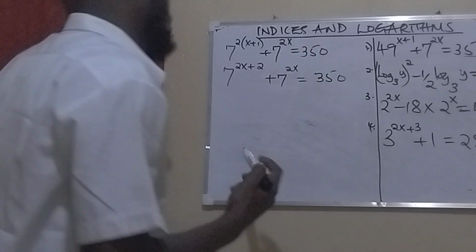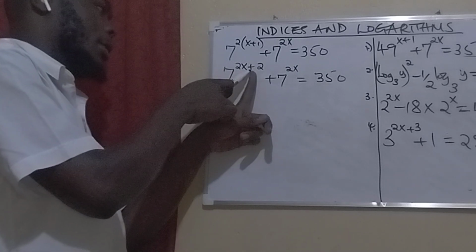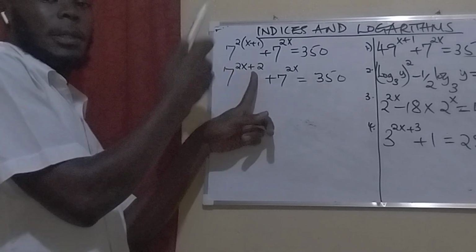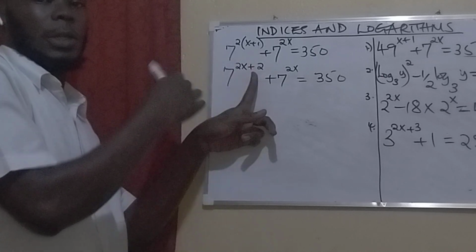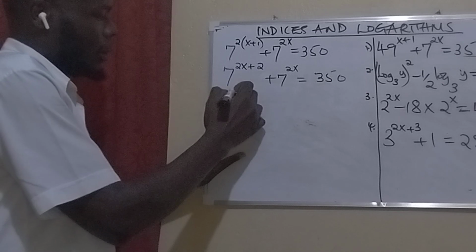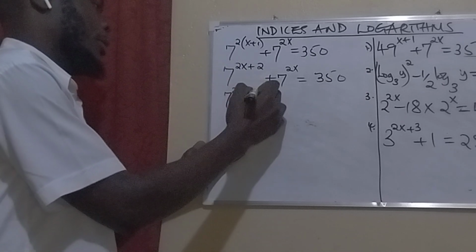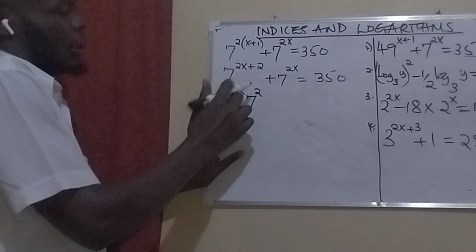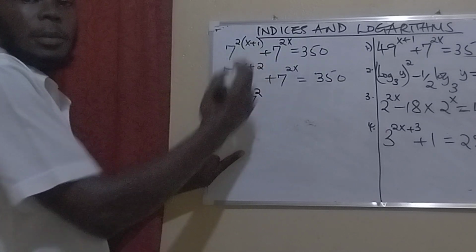Then in indices, when you see addition, it means the bases were the same, so it was a multiplication, so they added the powers. So you can break this one again, it will be 7 power 2x, then multiply by 7 power 2, so that when you multiply and you have the same base, you just add the powers.